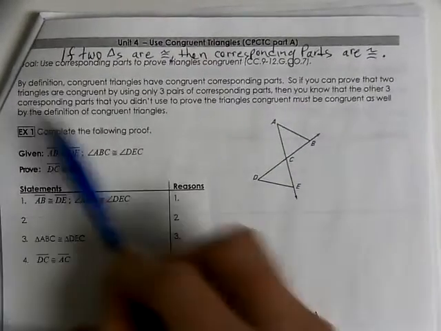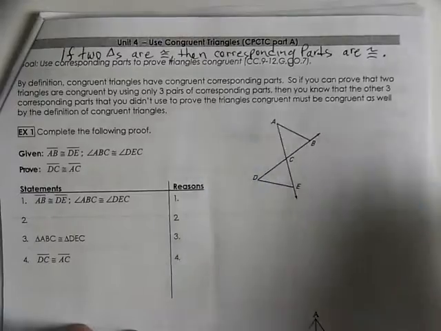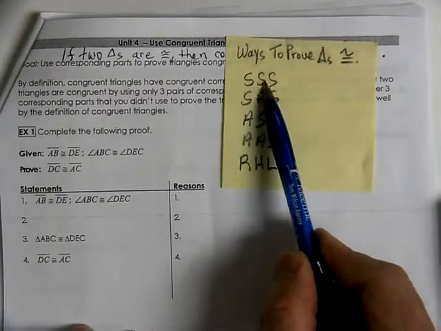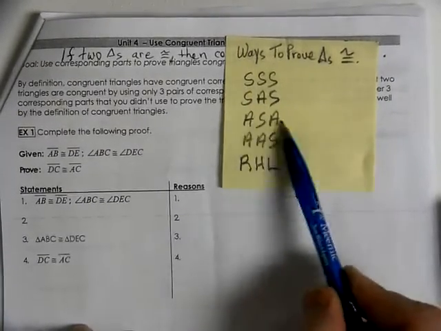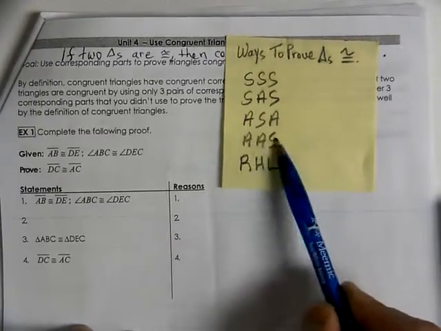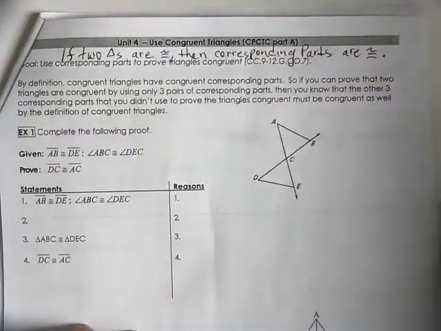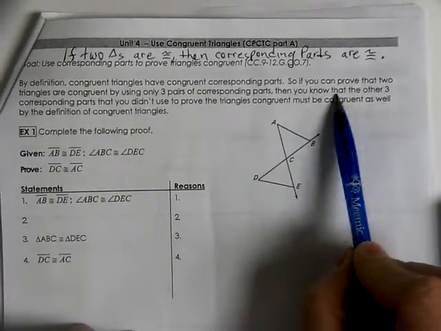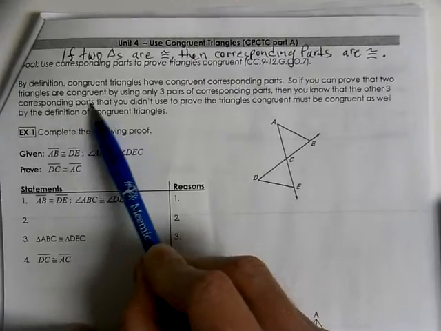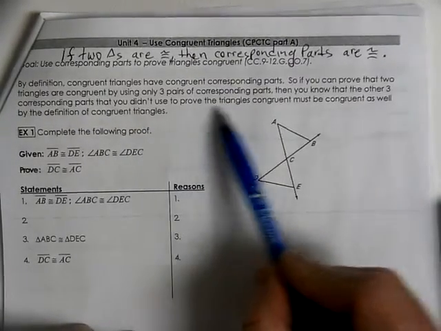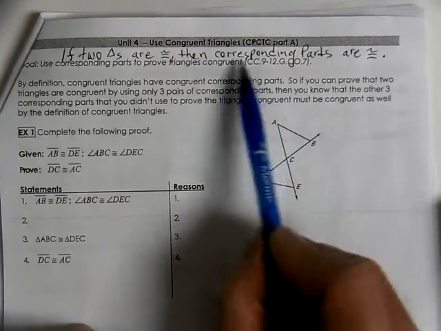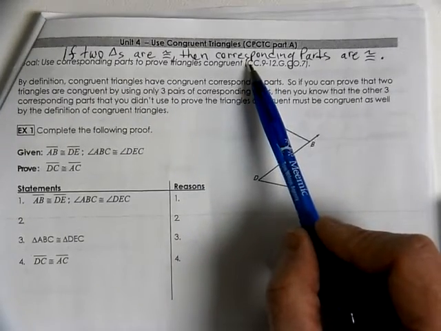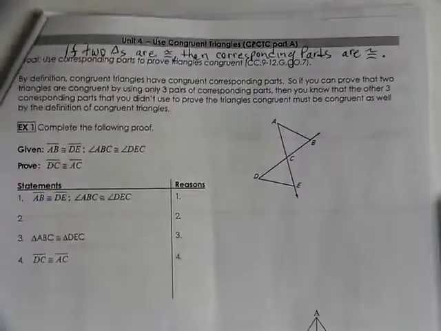So if you can prove that two triangles are congruent by using three pairs of information, either three sides, or two sides and the included angle, or two angles and the included side, two angles and the non-included side, or RHL, then you know that the other three corresponding parts that we haven't used yet are also going to be congruent, even things we haven't talked about yet. So let's come on down and give it a try.